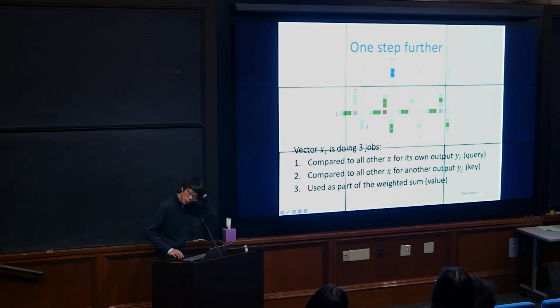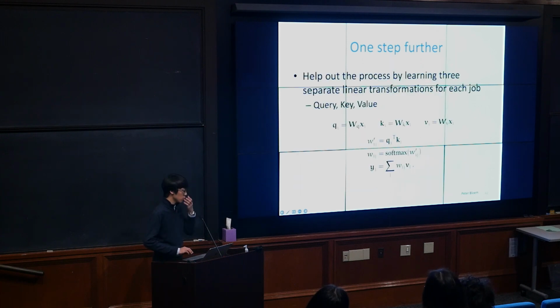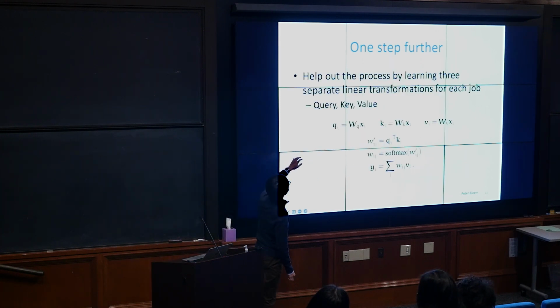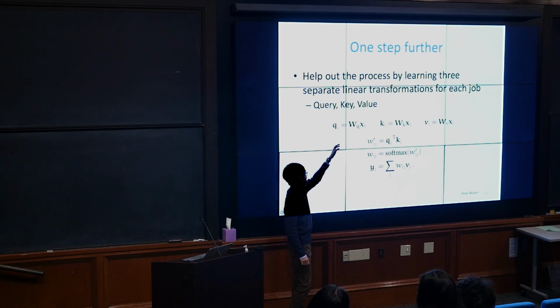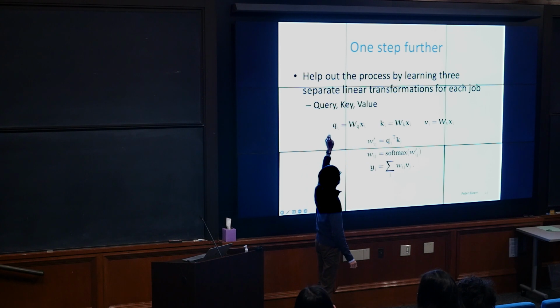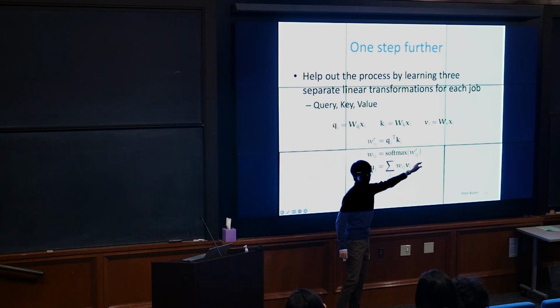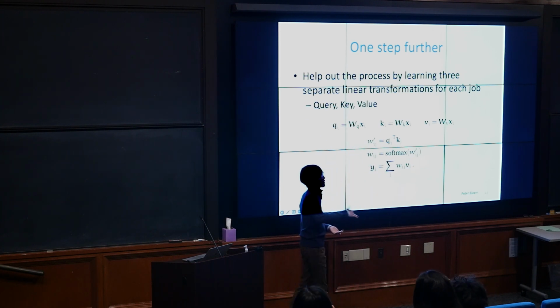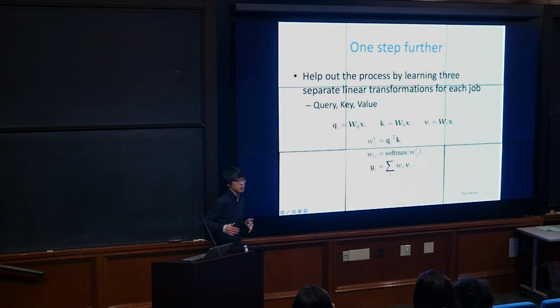Now this is actually quite a bit of work for one embedding to do. So what we can do instead is we can learn some linear transformation, W, right? And this is truly just a linear transformation of x into different representations to be used at different stages of this self-attention mechanism, right?